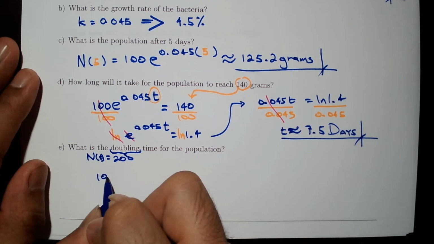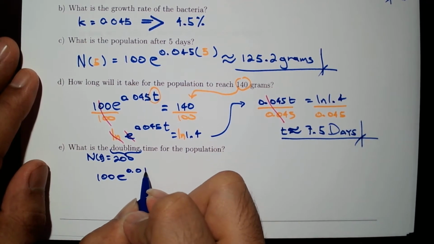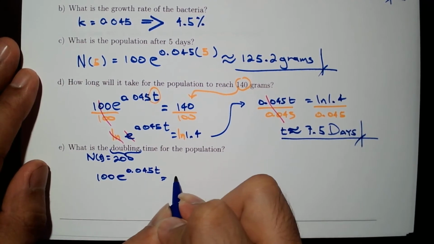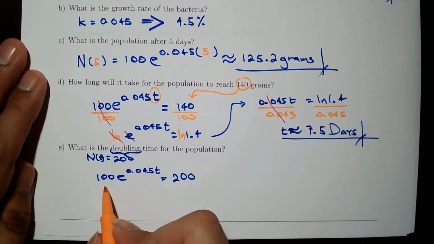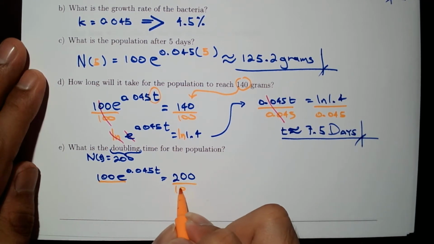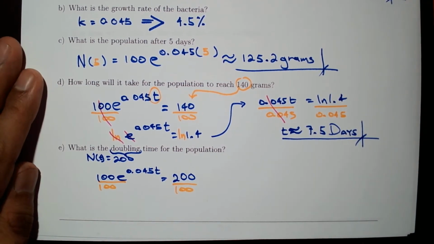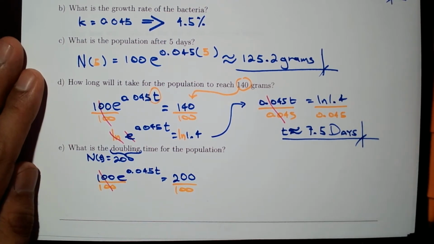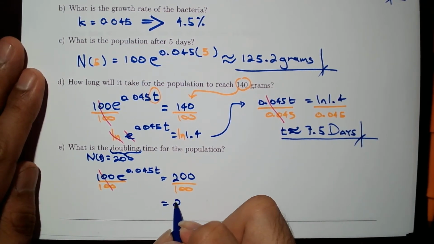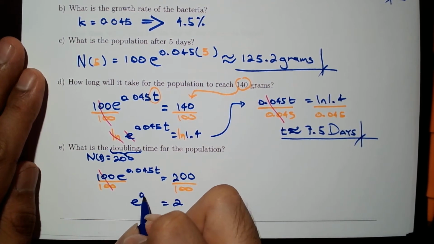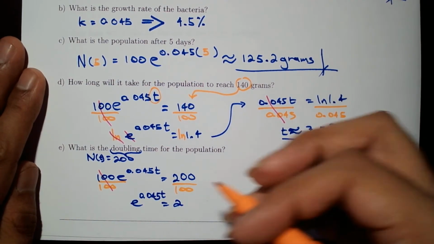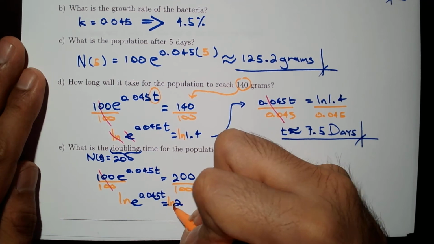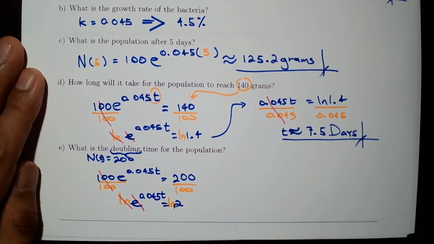So I'm going to set 100 e to the 0.045t equal to 200, and then solve for t just the same way we did earlier. Divide both sides by 100 to get this done. 200 divided by 100 gives a 2, and e to the 0.045t. So ln to both sides, and cancel ln with e.